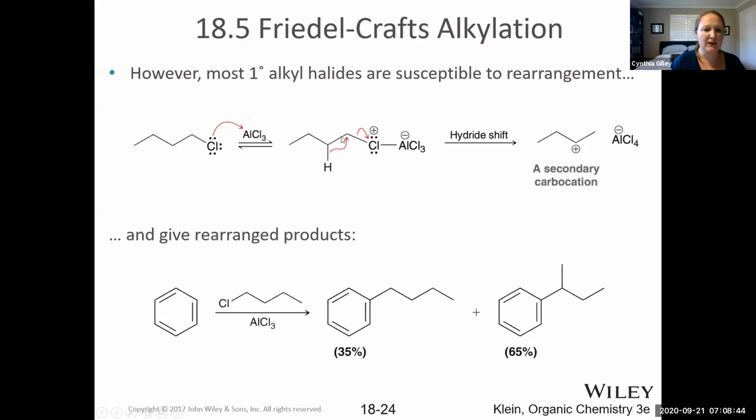If this had been an ethyl group, this carbon would be a methyl. A hydride shift would not occur because you would be forming a primary carbocation, which we don't form. But because this is a longer alkyl group, when we do a hydride shift from this beta carbon, we end up with a secondary carbocation, which is stable enough to form.